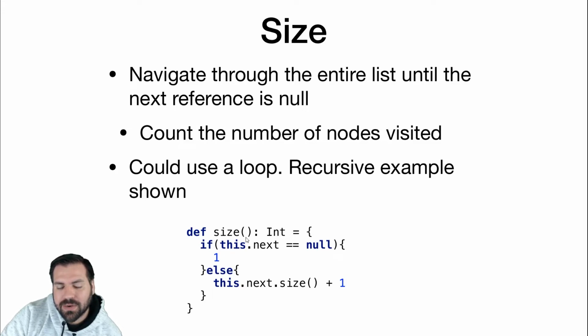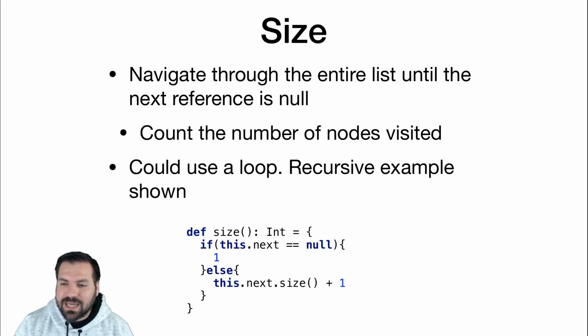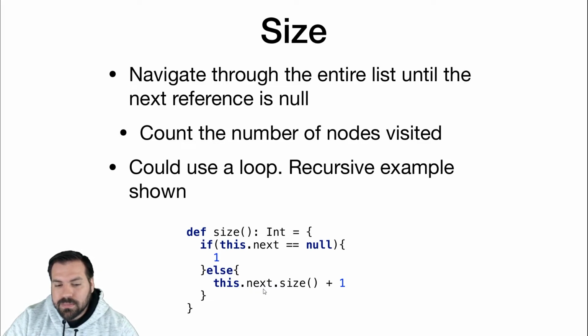So the size of the list referred to by a linked list node is going to be either 1 if next is null. So either this is a list of size 1, and the size is 1, because next is null, it's just the element referred to by that linked list node. That's the whole list. Or it's the size of the next element.